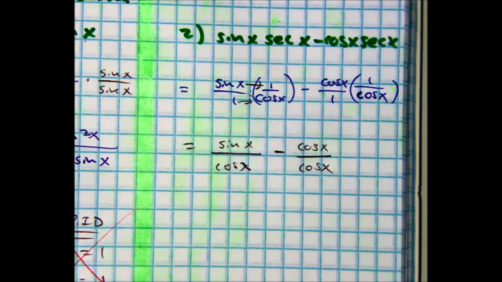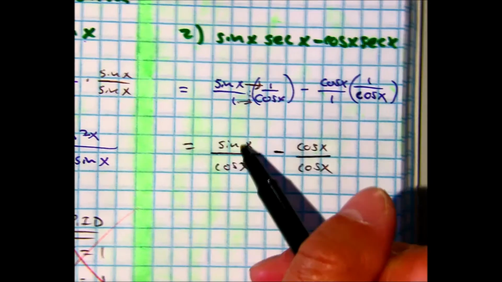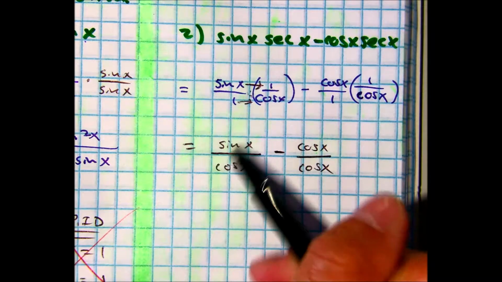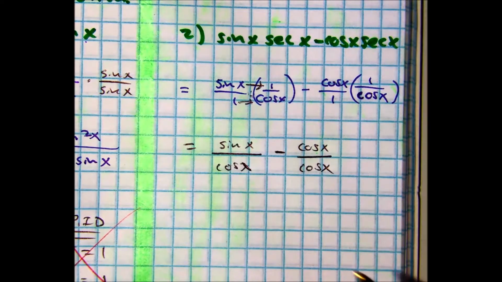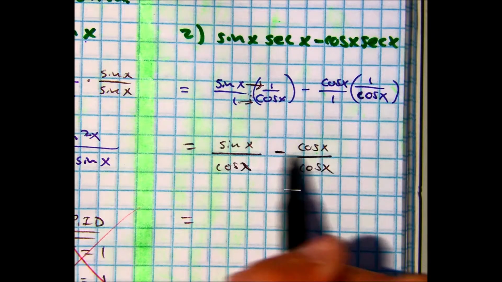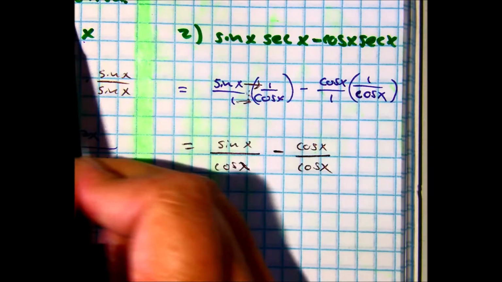Now there's a couple of things you can try here. You could do something like tangent, using the quotient identity, tangent x minus 1. That would be acceptable. But I wouldn't accept that because they want it as one fraction. They want it to be kind of together.